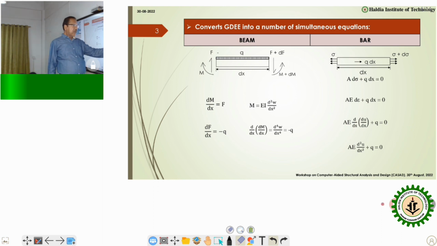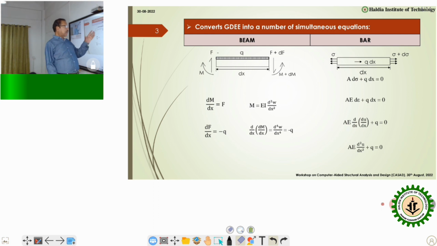Here u means the axial displacement, or the displacement along the x direction, along the axis of the bar. And here again, if the bracket is opened, this will become EA d square u by dx square plus the intensity of loading q, that becomes 0 to keep the thing under equilibrium.